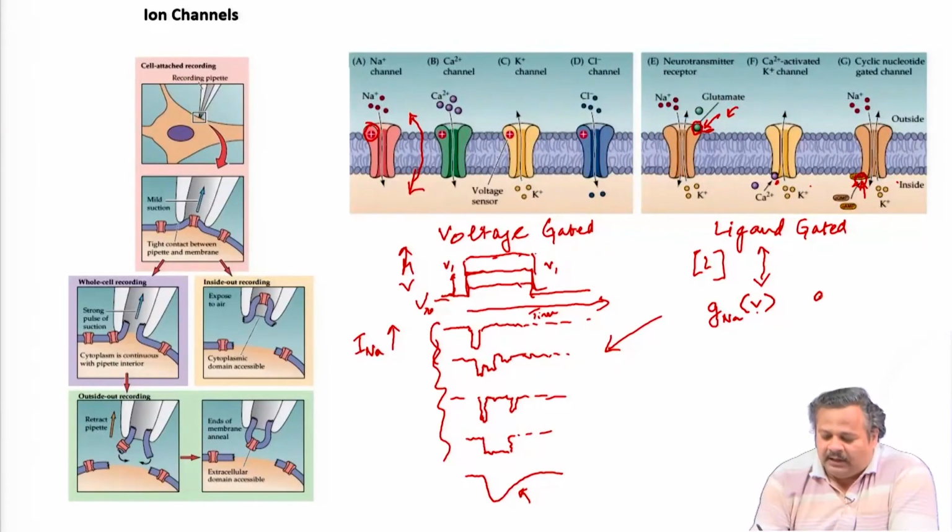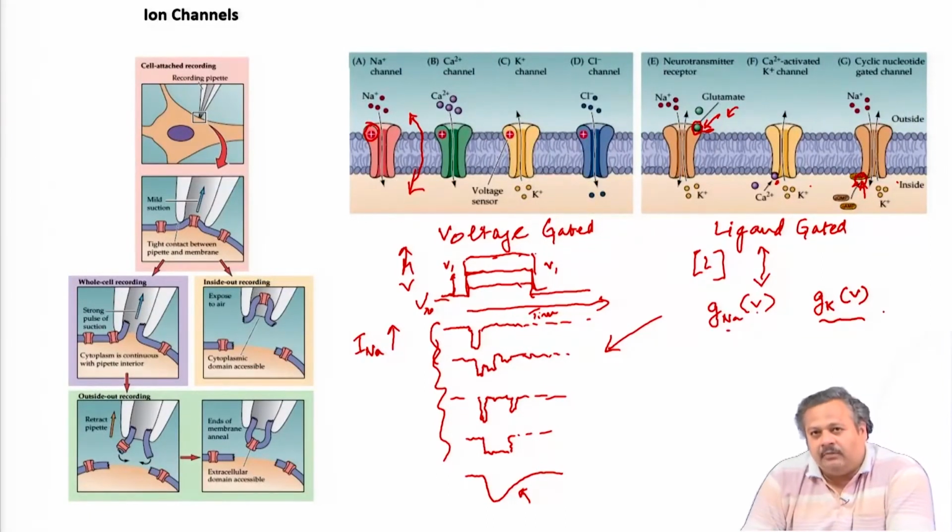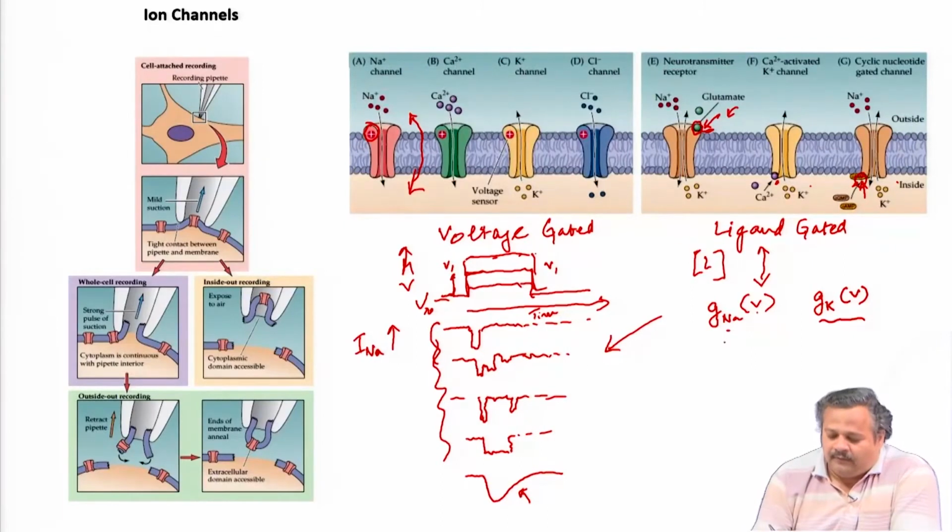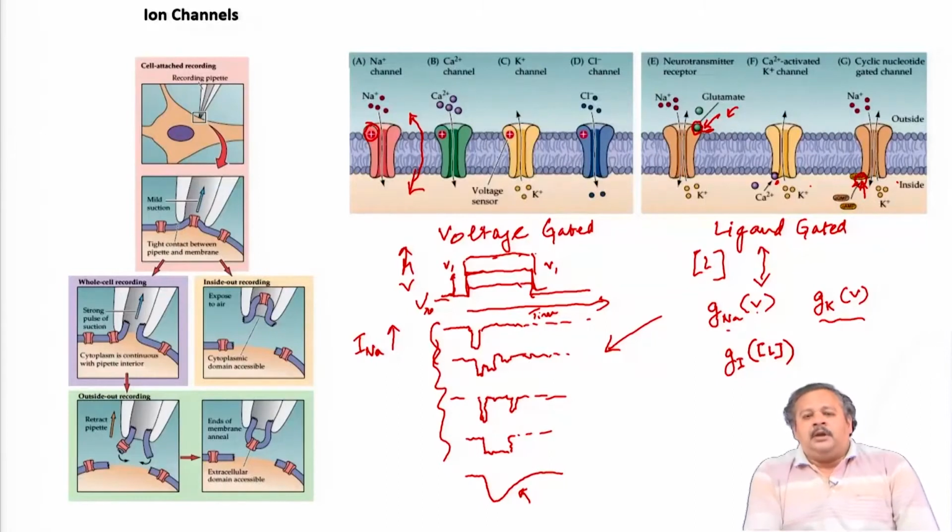Similarly, for any other ion, let us say G_K, that will also be a function of V, where V is the membrane potential, and these will be mainly empirically determined, as we will see, through measurements of the kind that we have shown here. Similarly, for the ligand gated case, it is G of some other ion as a function of the ligand concentration, and so on.